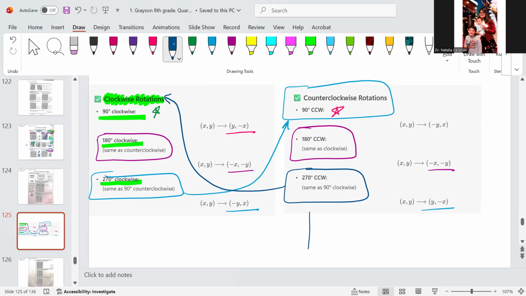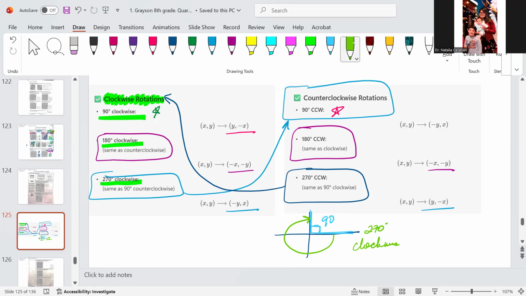And that makes sense because look over here. Do you see how this part right here is 90 degrees? This is clockwise. A clock goes from here to here, and that's 270 degrees. Where does it get to? 90 degrees.